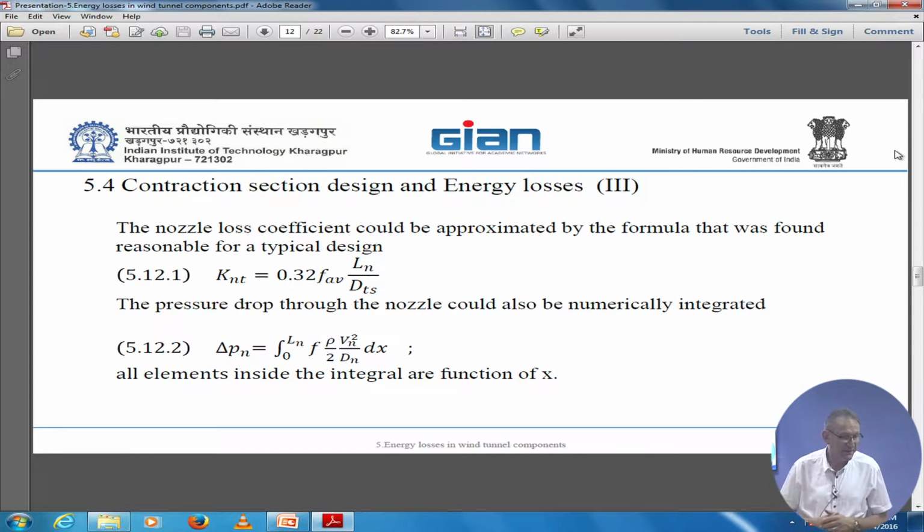In this case, on this fifth polynomial curvature curve, once you define the contraction ratio by the inlet and the outlet, then you can decide what the length is and insert it in your formula.